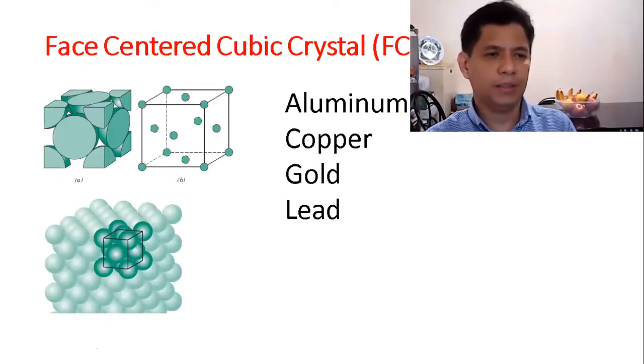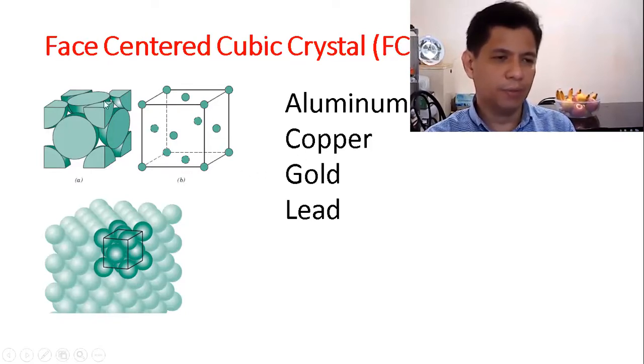Okay, so first let's consider the face-centered cubic crystal, or FCC. So as you can see from this illustration, ano? The central atom, actually, this one is on the face. If you're going to consider this is the face of the cube, you can see that this center atom is on the face of the cube.